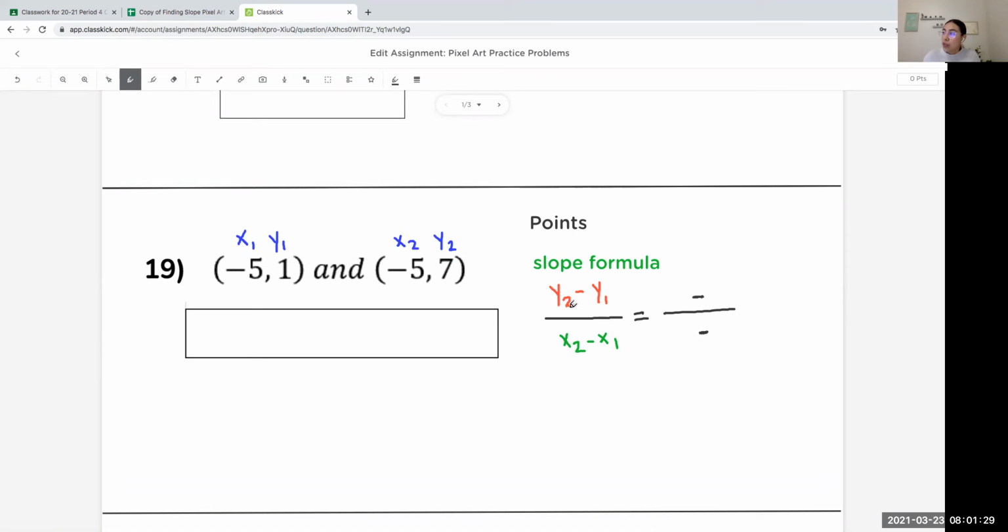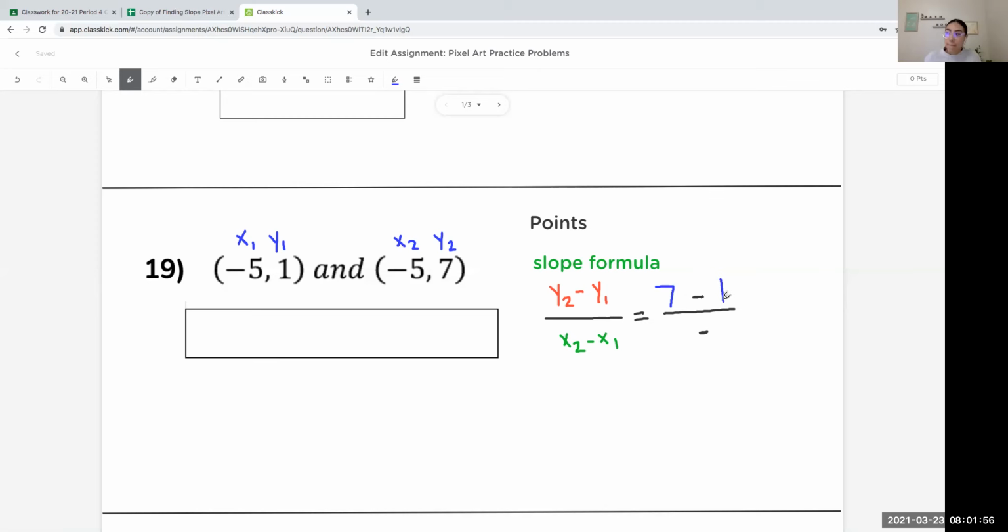It says y2 goes in the front. What is my second y, my y2? Mm-hmm. 7. This is my second y. What is my first y? 1.